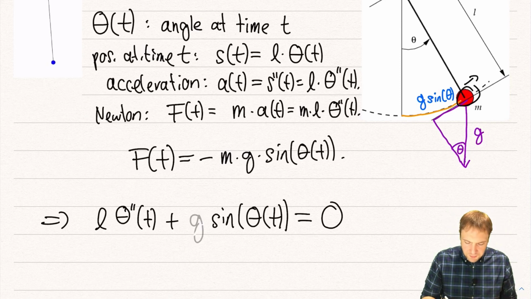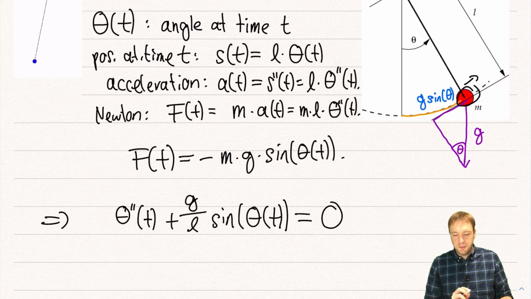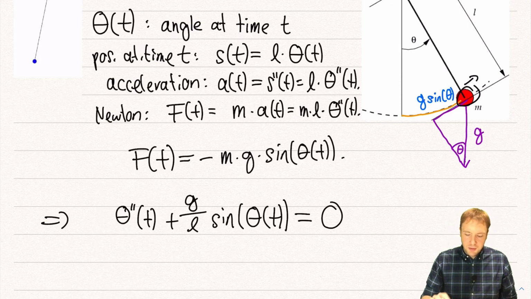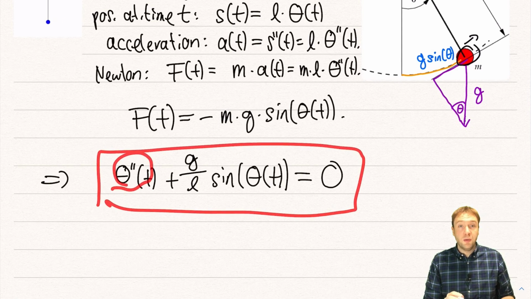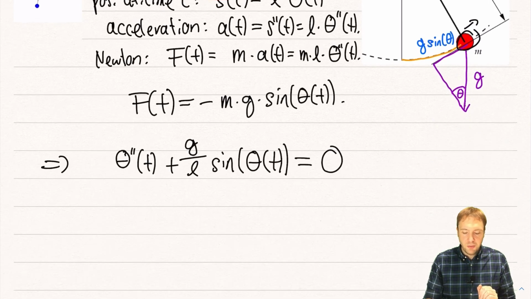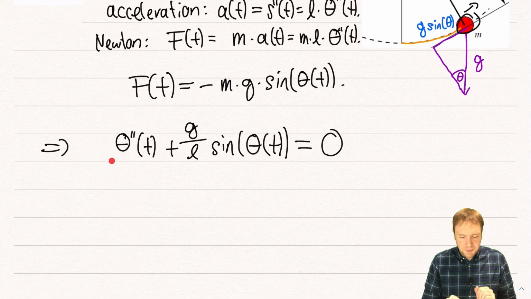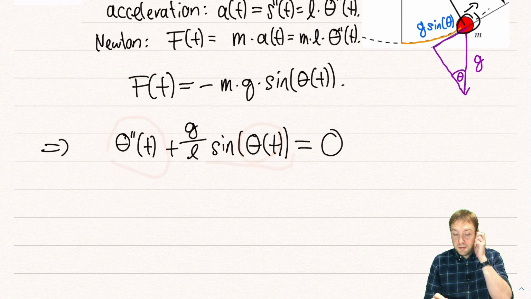And then we can also divide by L, so this is g over L times sine of theta of t. So now we have an equation involving this function we are looking for. We want to describe the angle at time t, so this is the function we are looking for. And here we have the second derivative, and here we have the function itself, but we still have this sine.